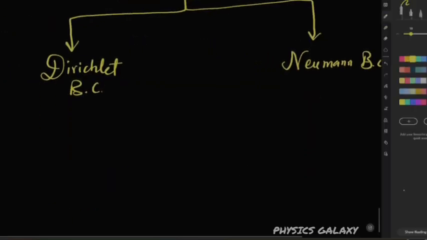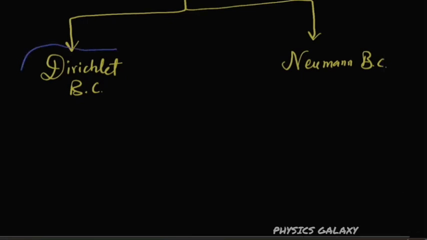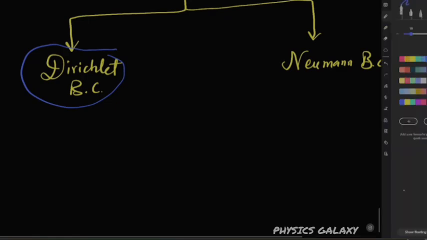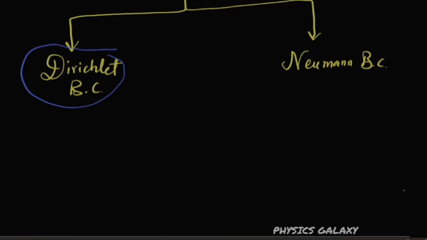Now, what does this Dirichlet boundary condition mean? If we are using Dirichlet boundary condition, we have to specify potential at all boundaries. Suppose this is my boundary. Now, a boundary can be of any shape. It can be spherical, it can be an infinitely long parallel sheet.